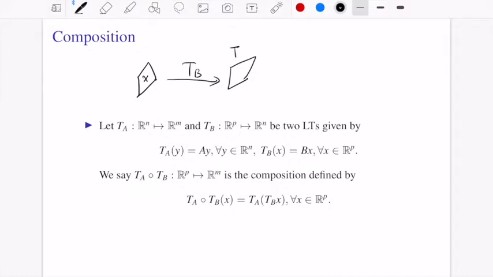This can be written as TB X. Now after that, for the new image, we may have another transformation. That gives you another picture that is called TA of TB X.